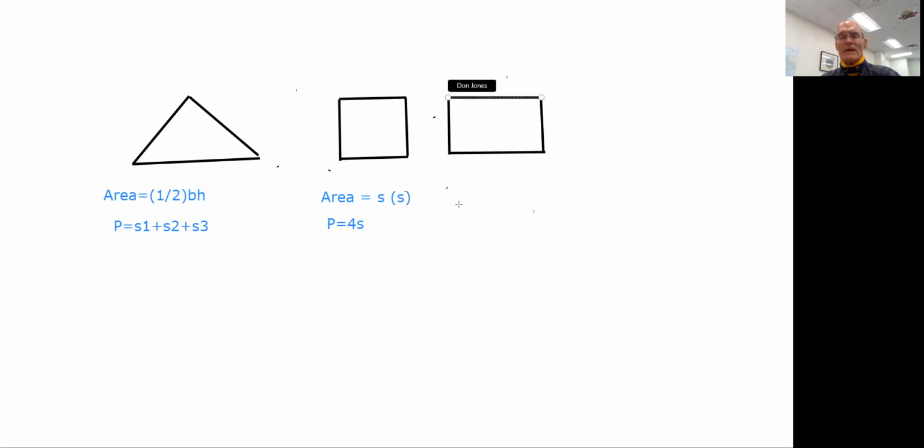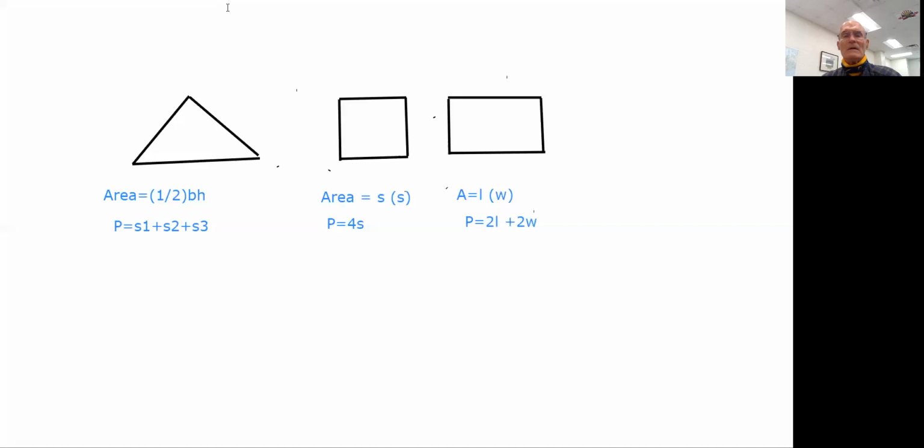Now, the area of a rectangle is length, which is L, times W, which is width, and then the perimeter equals twice the length plus twice the width.